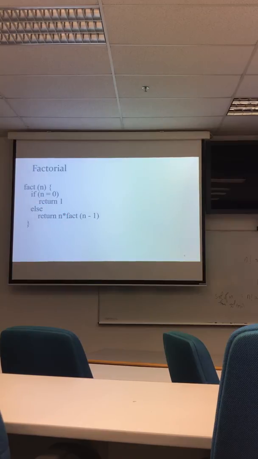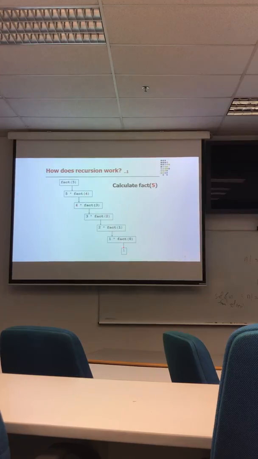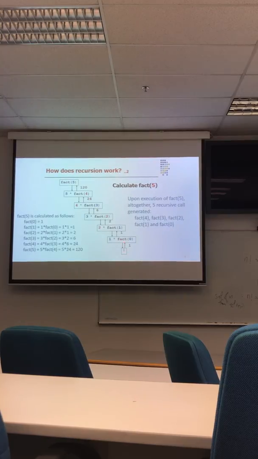That means factorial 0 does not activate any recursive call. It returns a result directly, 1. Okay. So then factorial 1 returns with factorial 0's result 1. Once it is returned, you return back all the way. Once you have 1, then factorial 1.